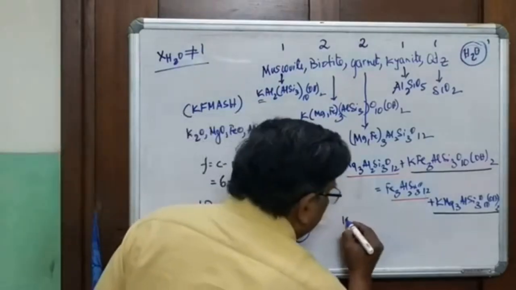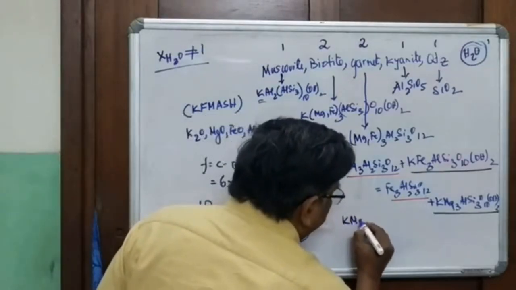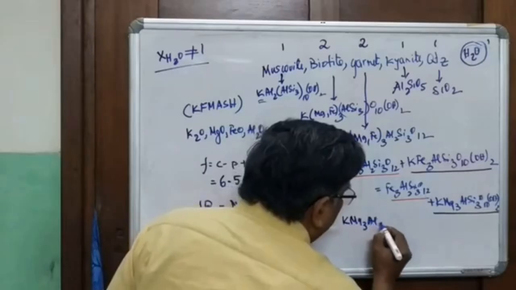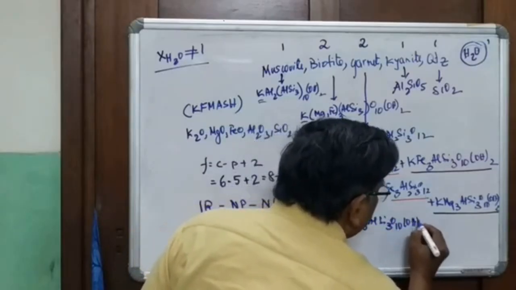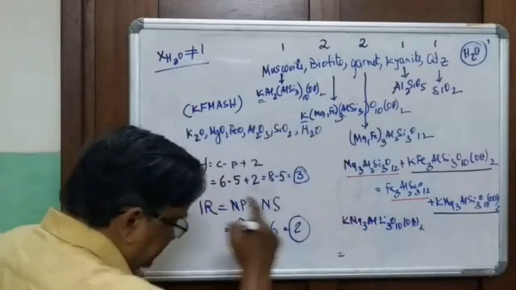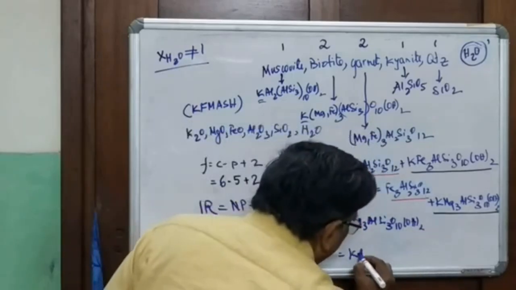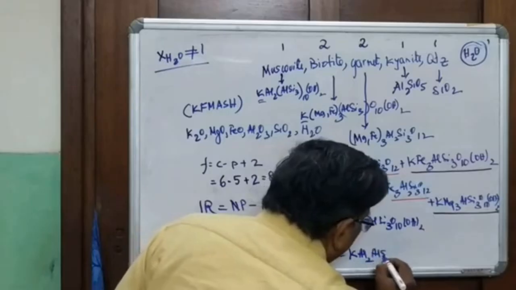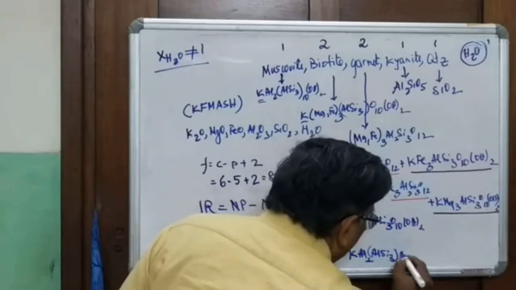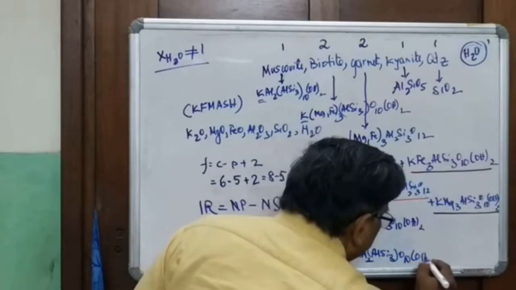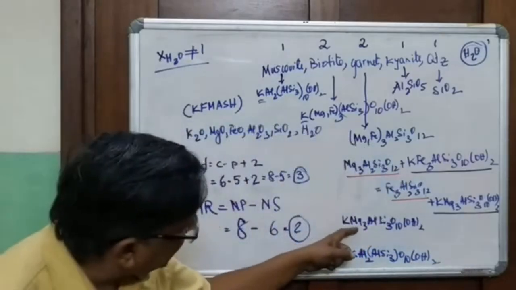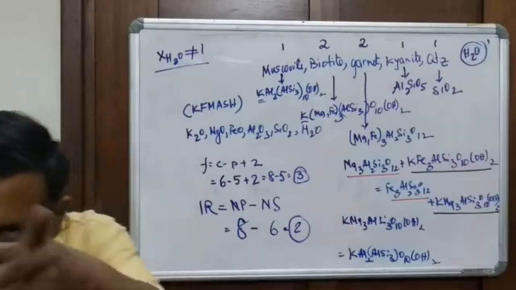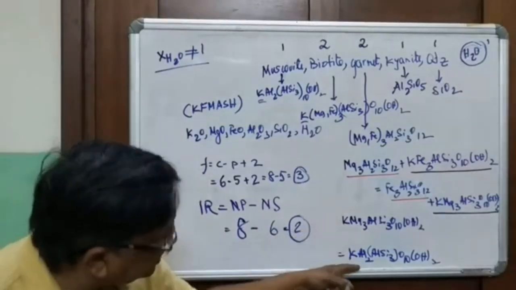So I write K Mg3 Al Si3 O10 OH whole twice on this side, and on the other side I write K Al2 Al Si3 O10 OH whole twice. I'm done. Biotite here, the magnesium end member, and here muscovite.